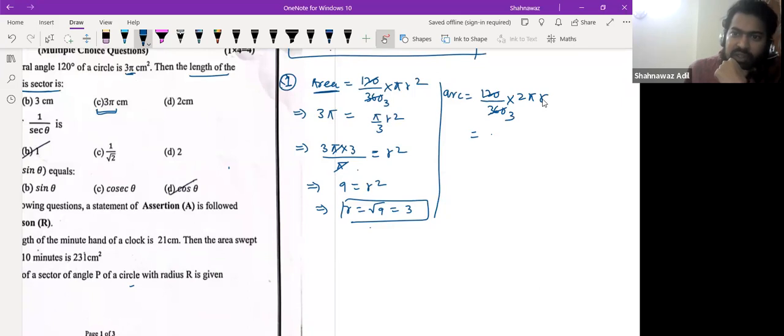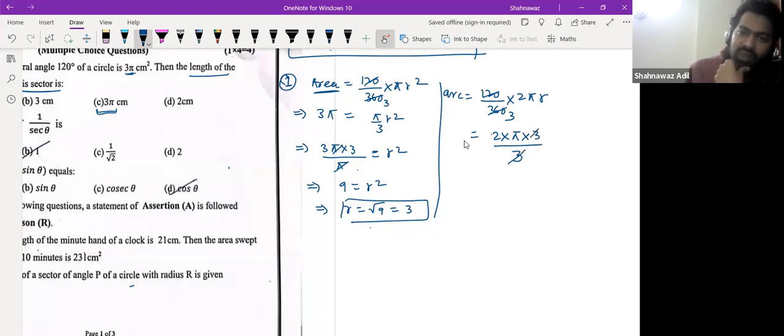So 2 pi r by 3, and here you have put r as 3. So 2 pi and r is 3, divided by 3. So what will we get? 6 pi by 3. So 3 cancels. We can even cancel that after multiplying.